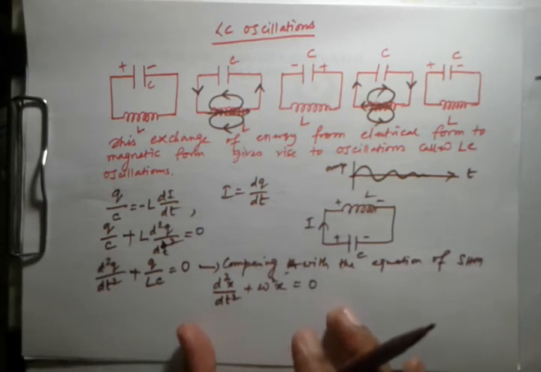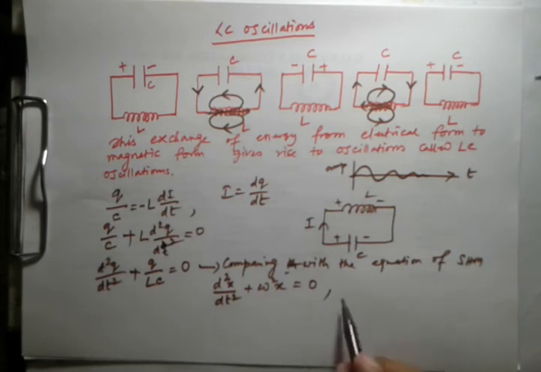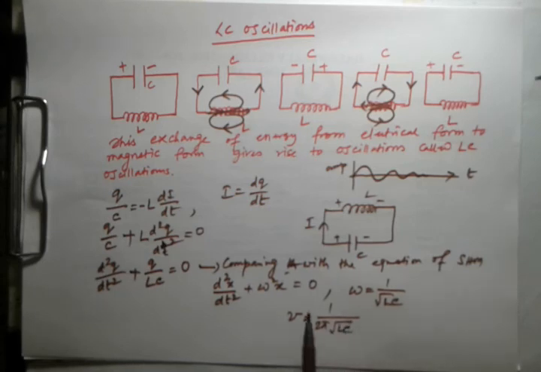If you solve this differential equation, you get omega is equal to 1 by root over LC, and omega is equal to 2 pi nu. So nu is equal to 1 by 2 pi root over LC. This is the formula of the frequency produced in LC oscillations.